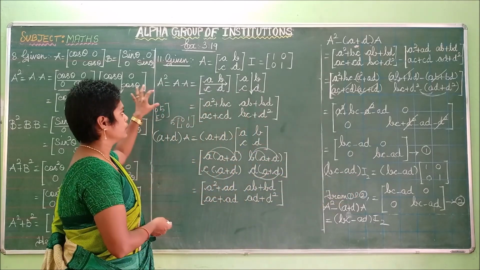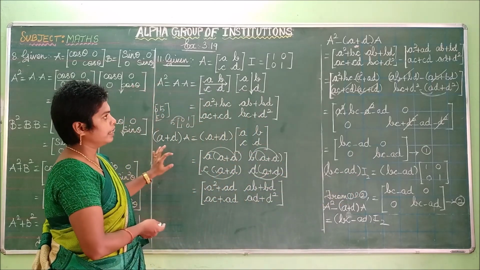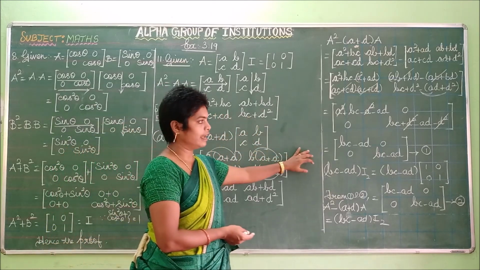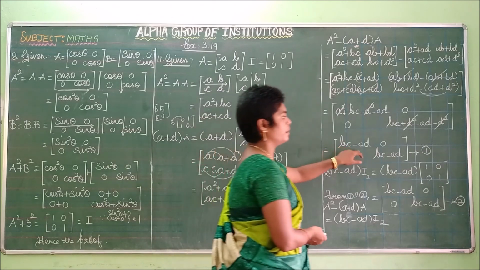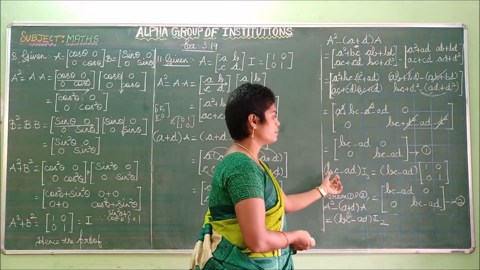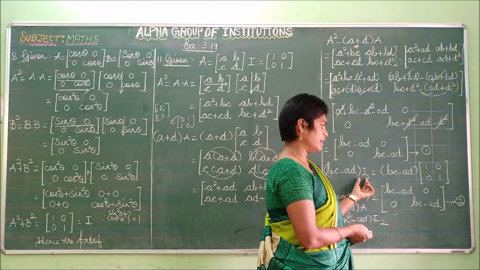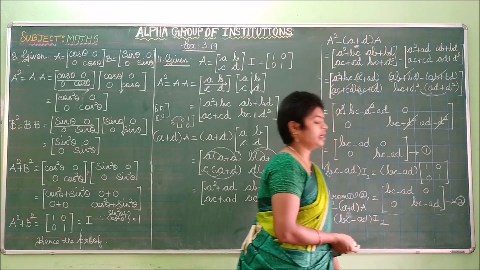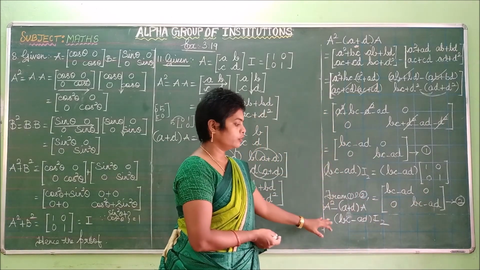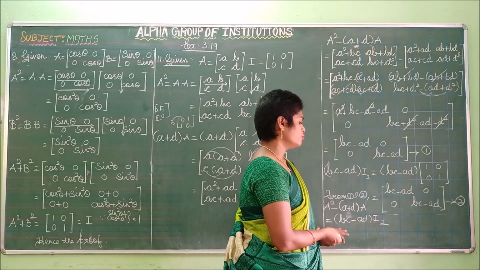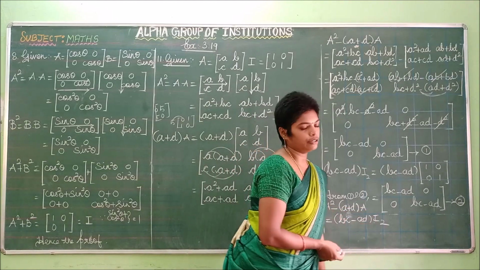For the LHS, you separately find A squared and the other term (a plus d) into A. Then you subtract and get the matrix [bc minus ad, 0; 0, bc minus ad], and our RHS, (bc minus ad) into I, also gives [bc minus ad, 0; 0, bc minus ad]. So from 1 and 2 we can conclude that A squared minus (a plus d) into A is equal to (bc minus ad) into I.